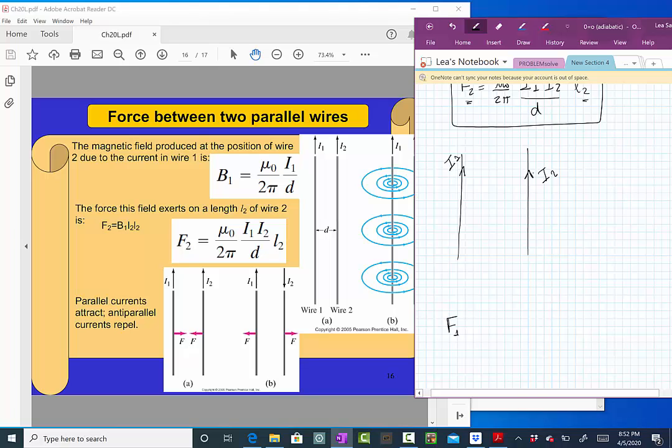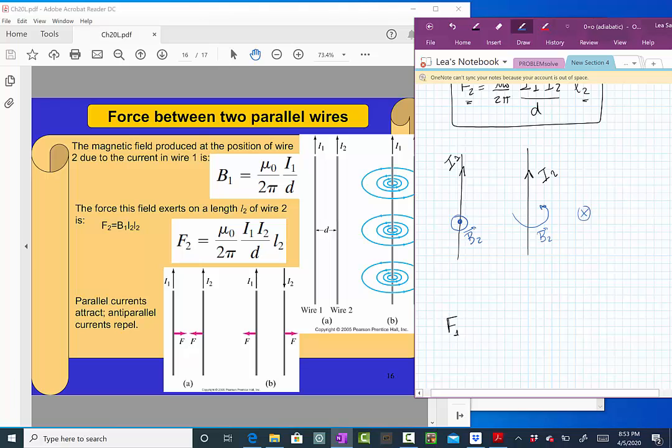Again, let's use the right-hand rule to get the magnetic field B2 caused by the current I2. The magnetic field is this circle around I2. On the right side of the wire, this B2 is going into the page, but on the left side, it's coming out of the page. So right here, where the current I1 is, we have B2 coming out of the page.